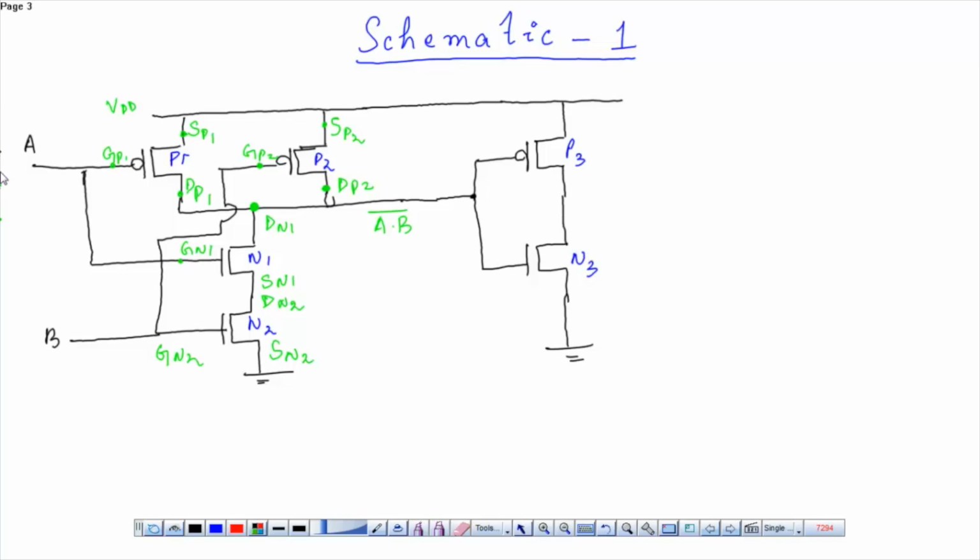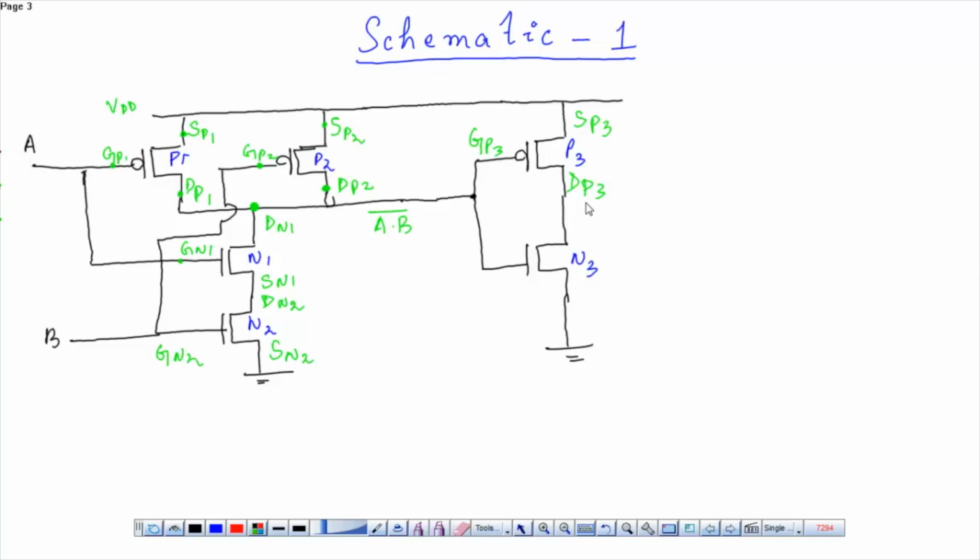Now we will write the source and drain terminals. Why do we need to mention the source and drain terminals? So that it is very convenient for you to draw the layout correspondingly. Now this is the source terminal of P3, this is the gate of P3, and this is the drain terminal of P3.